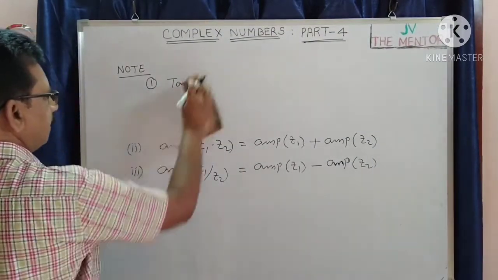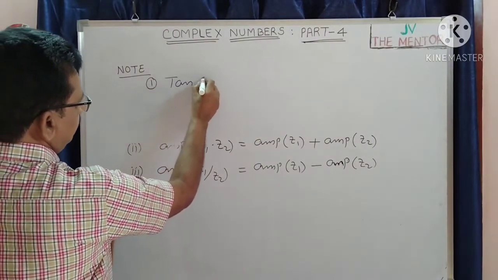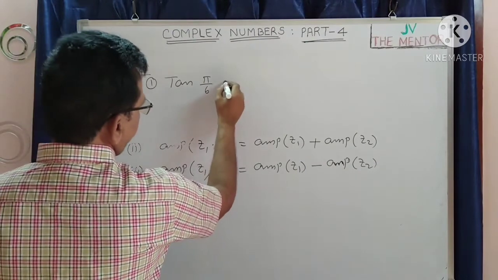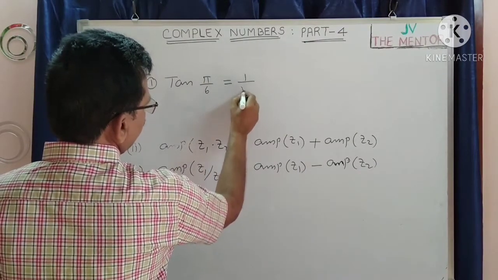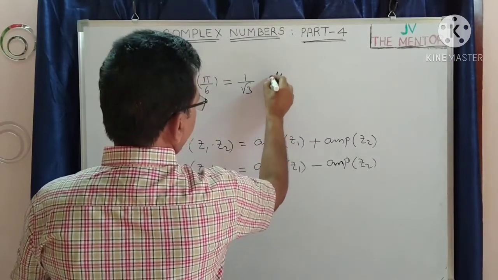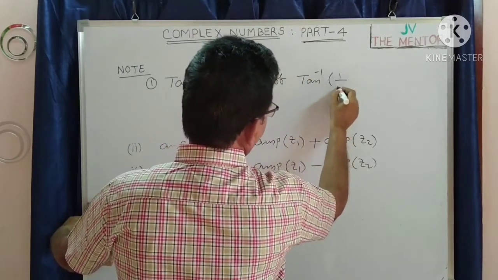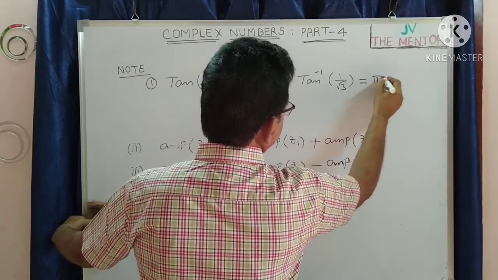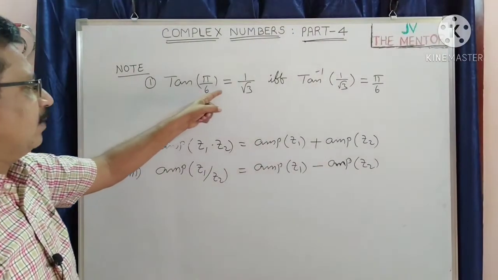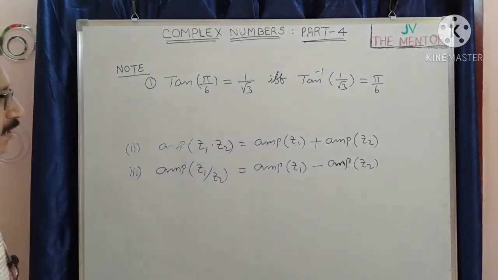Tan pi by 6, that is tan 30 degrees, that is 1 by root 3, if and only if tan inverse 1 by root 3 equal to pi by 6. Tan pi by 6 equal to 1 by root 3 if and only if tan inverse 1 by root 3 equal to pi by 6.